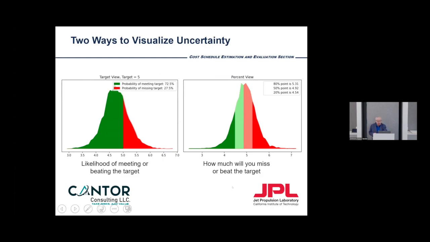This percent view tells you the values at the 80% point, the 50% point, and the 20% point. The other view tells you how likely it is you're going to make the target and how likely it is you're going to miss it. So generally the manager wants to know two things: are they going to make the target, and if they're going to miss it, by how much?